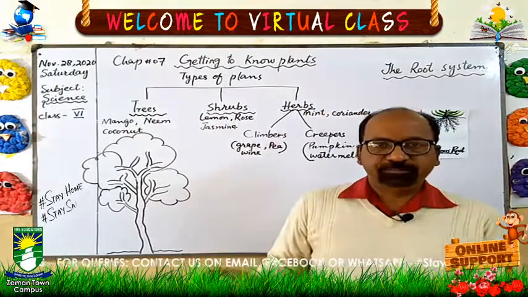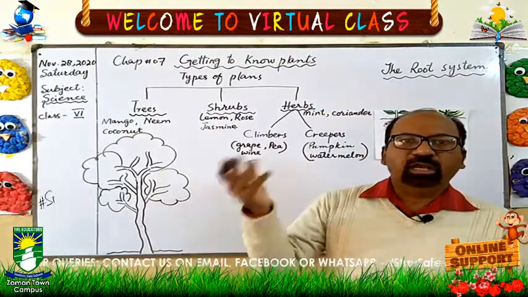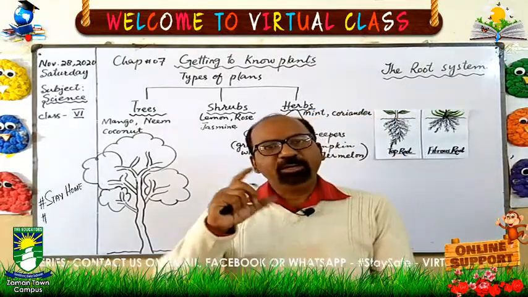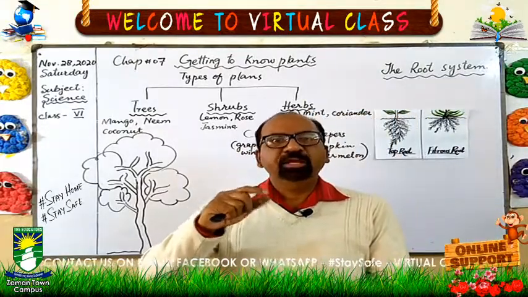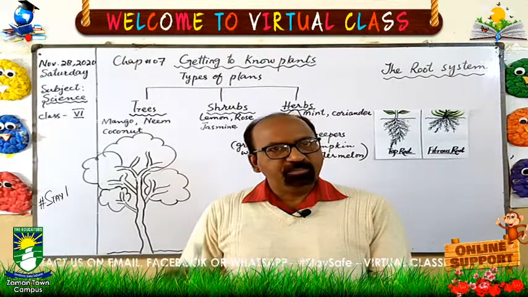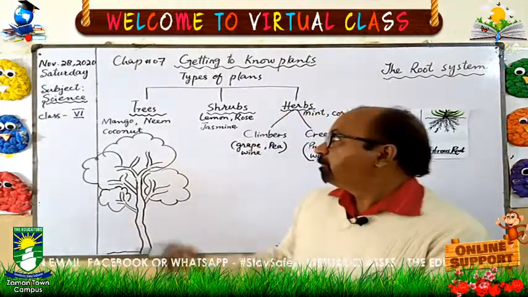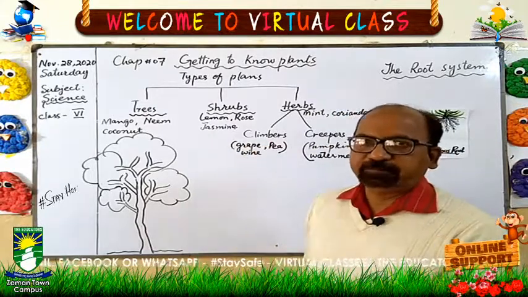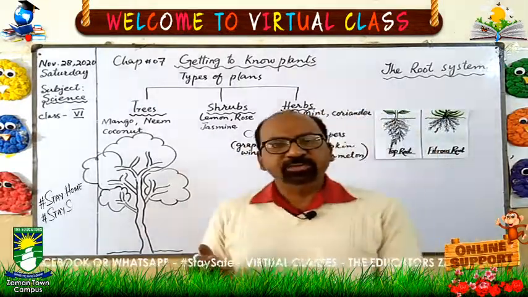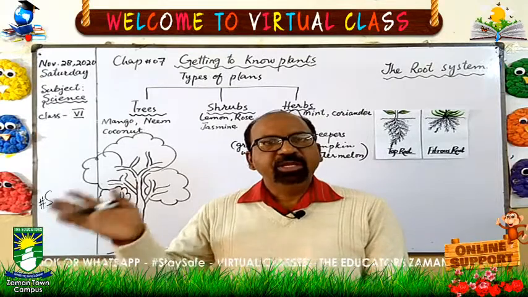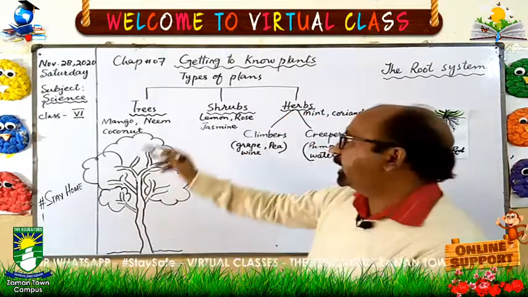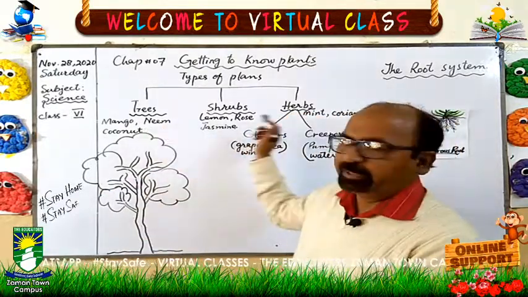But what is the difference between trees, shrubs, and herbs? All have leaves, all have stems. Stem is also called trunk. All have stems, all have leaves, all have flowers or fruits. But what is the difference? The difference is in their sizes. Regarding their sizes, they are categorized into three types.